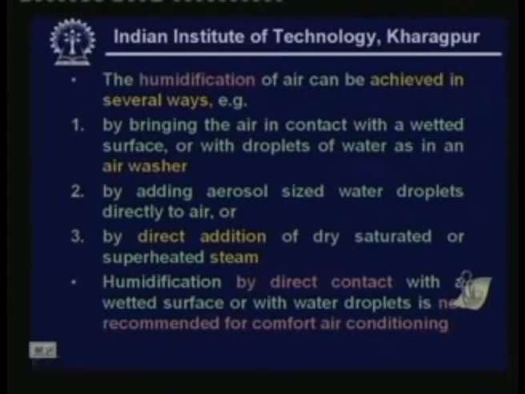Humidification by direct contact with a wetted surface or with water droplets is not recommended for comfort conditions. This is for the same reasons which I have explained earlier, because whenever you are using a wetted surface there is a possibility of microorganisms growing on the wetted surface, which may give rise to health problems. So in comfort air conditioning systems for winter, normally wetted surfaces or air washers are not used.